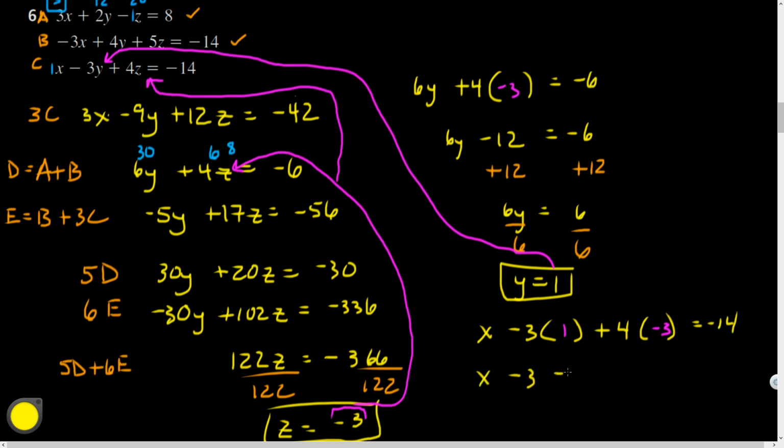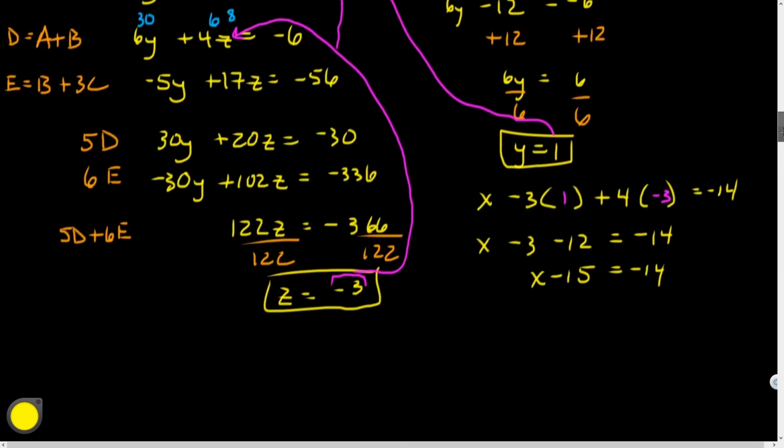So x minus 3 minus 12 equals negative 14. x minus 15 equals negative 14. Add 15 to both sides. And I get x equals 1. Nice. And so our ordered triple is x, y, z.